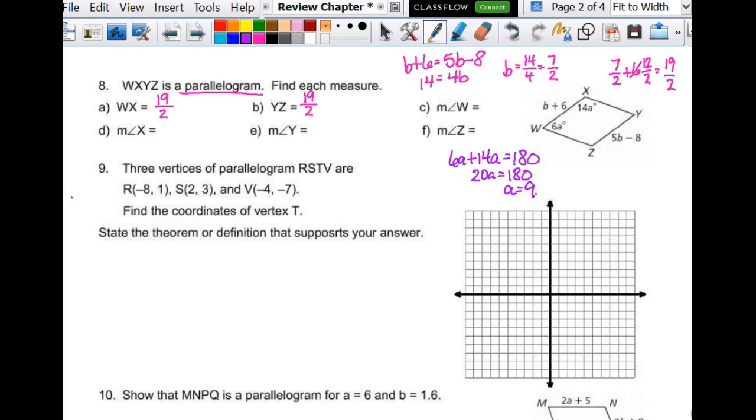But I'm looking for angle W, so I've got to do 6 times 9. 6 times 9 is 54. So the measure of angle W is 54 degrees. And my reason from the beginning would have been, if it's a parallelogram, the consecutive angles are supplementary.